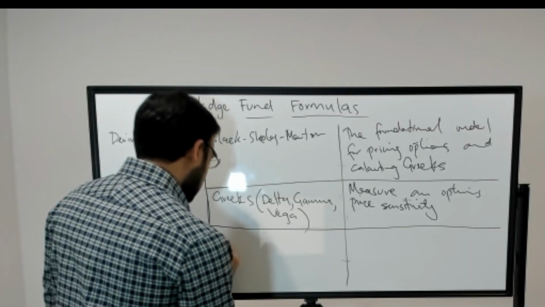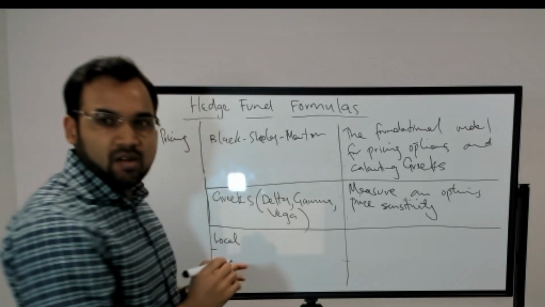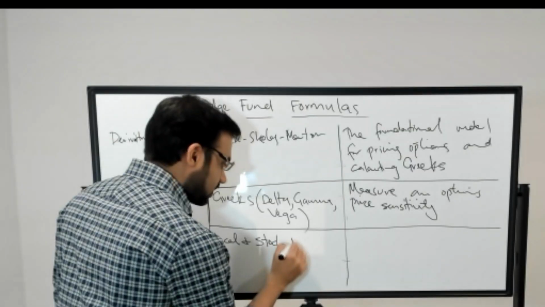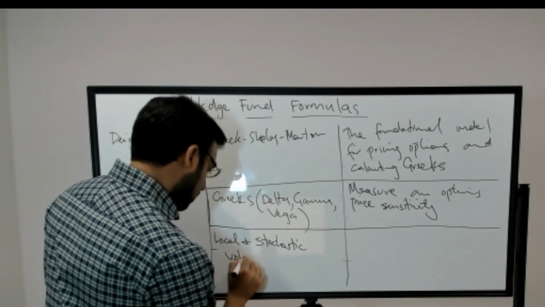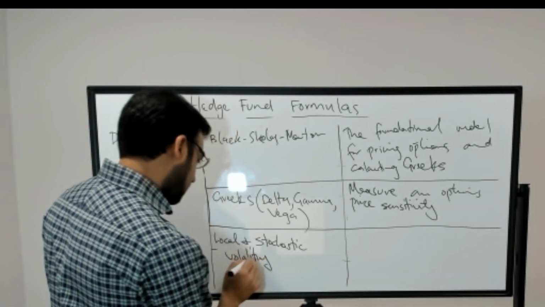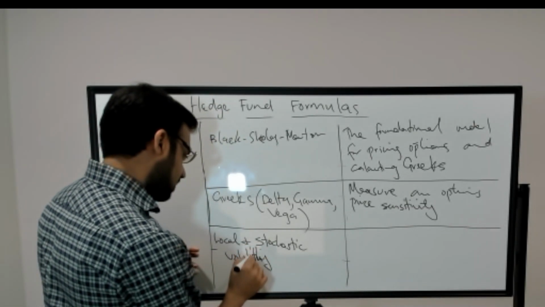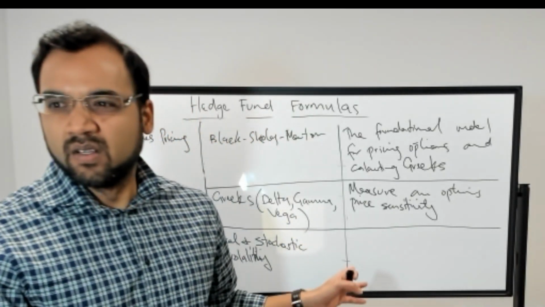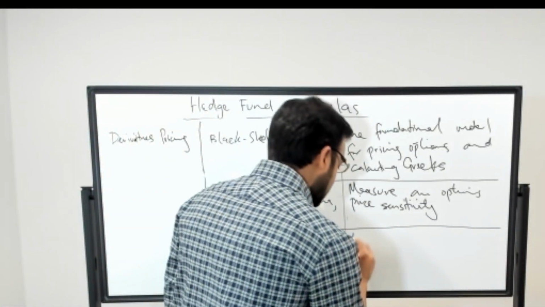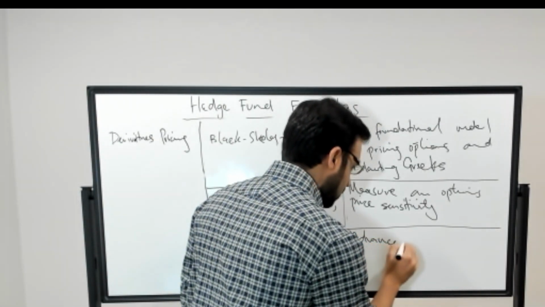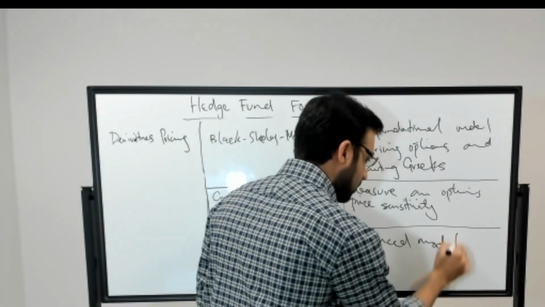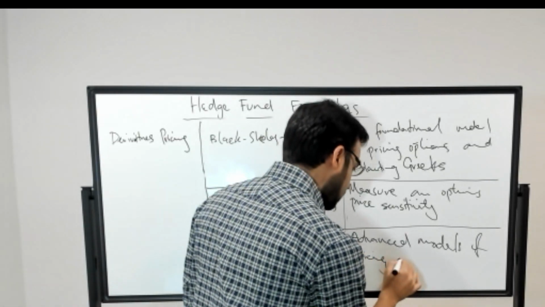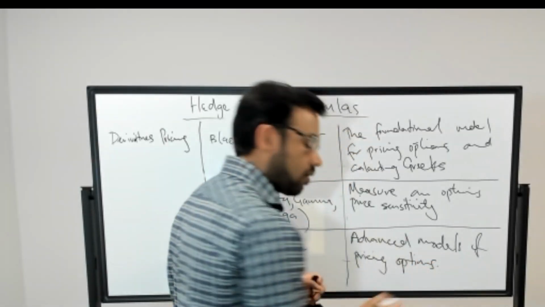The next one is local and stochastic volatility. These are basically advanced models of pricing options.